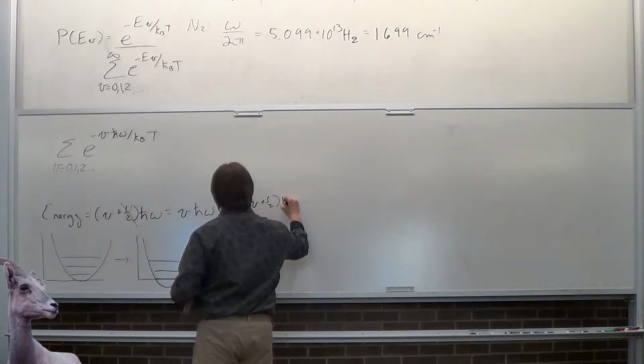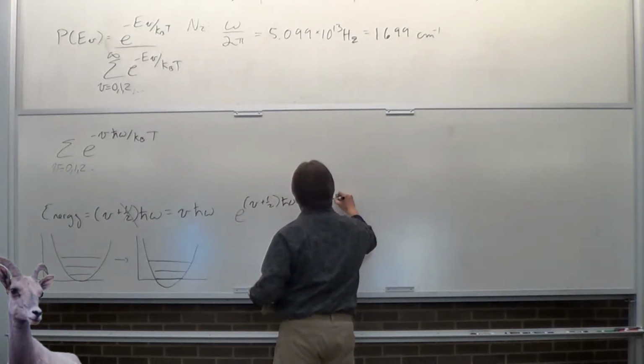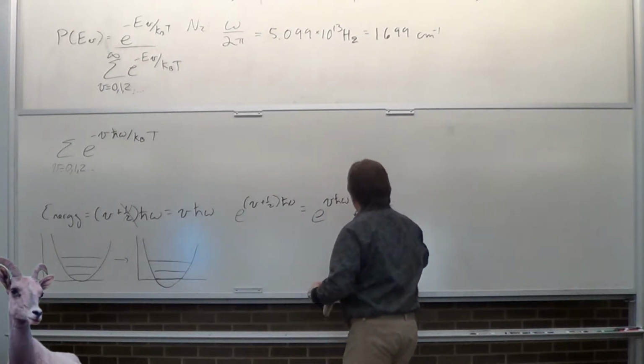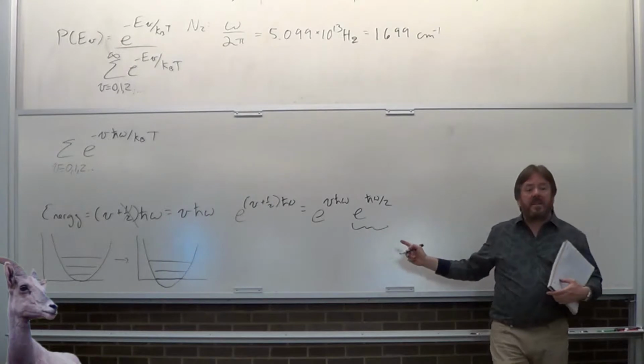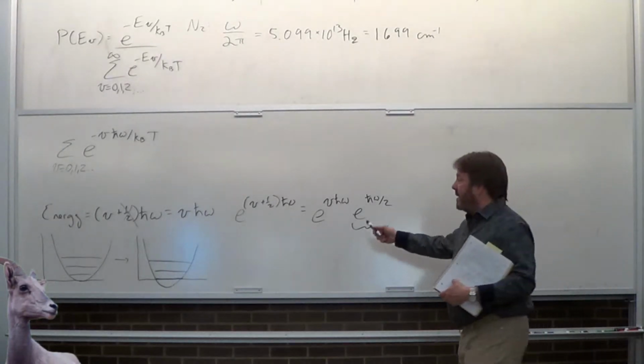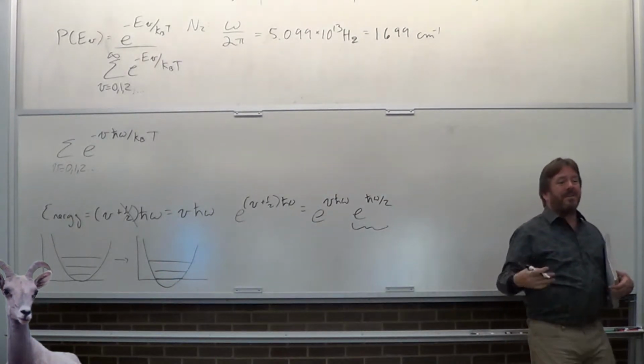Let's say I didn't get rid of it. What you end up with is this extra term. Guess what? It's a constant and it appears on the top and the bottom, right? It's energy. It'll appear on the top and the bottom and therefore just cancels out. So I don't need it.